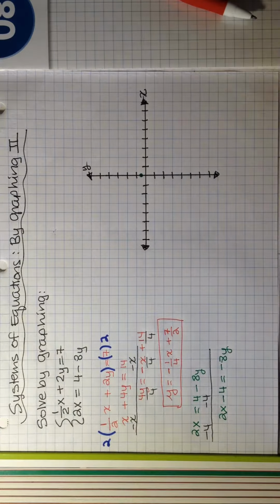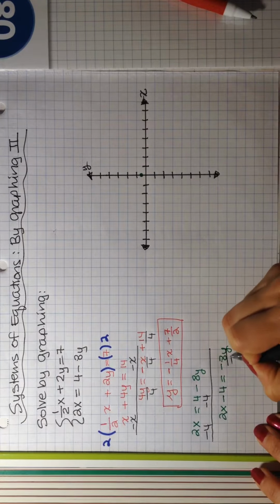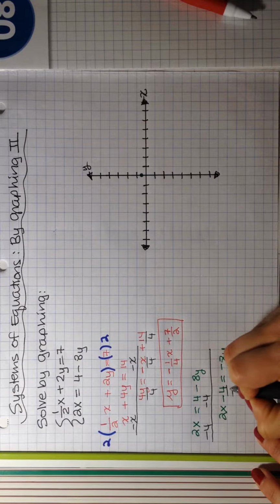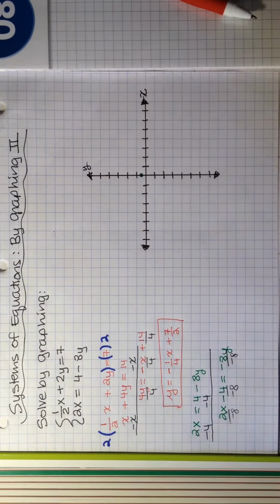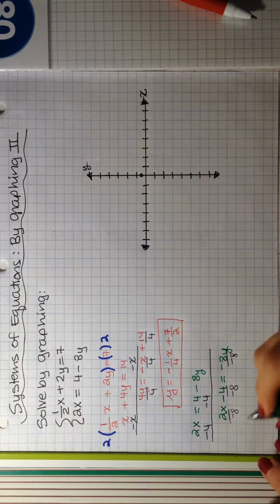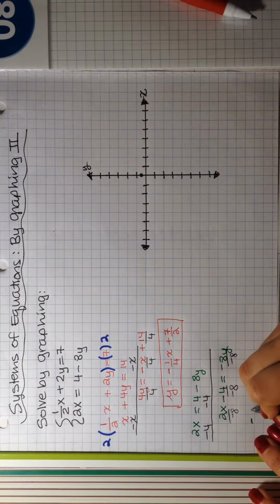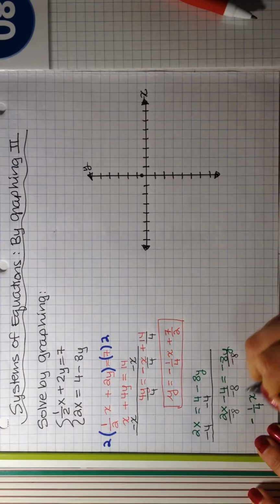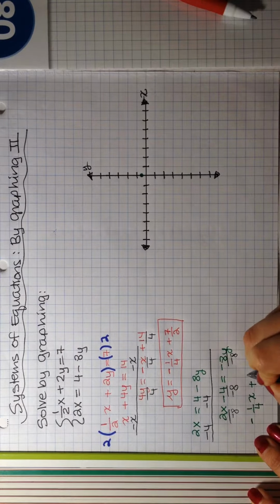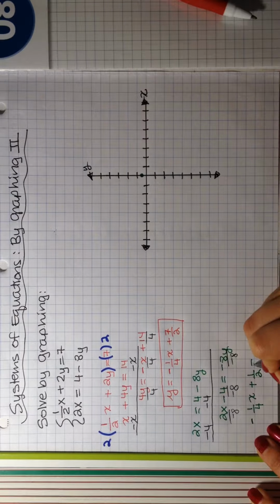Divide by negative 8. Be careful with the signs. Okay, when we do that, that gives us a negative 1/4 x, now plus reduce 1/2 equal to y.